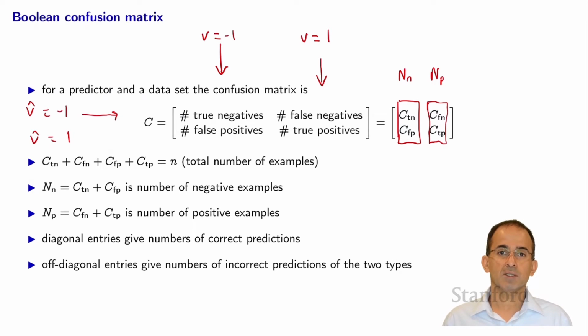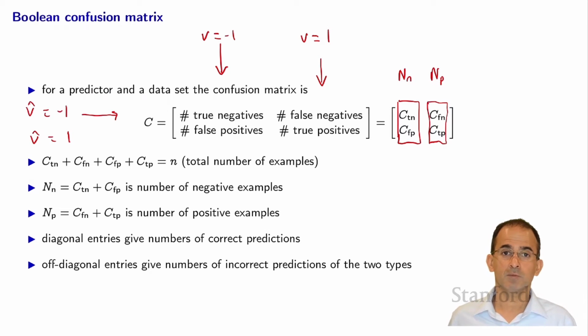When we look at this matrix, of course, how do we get this matrix? Well, we have a predictor G, and we can evaluate it on the training set, and that will give us a matrix C. And we can evaluate it on the test set, and that will give us another matrix C. And these two confusion matrices are measurements of performance.